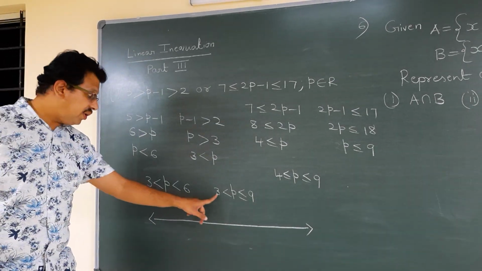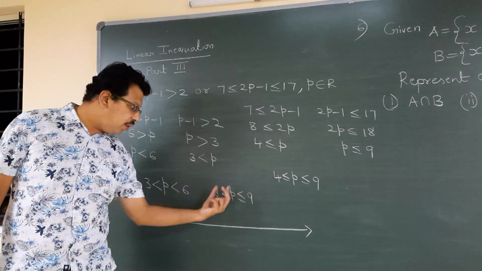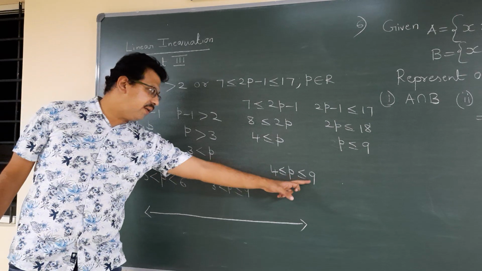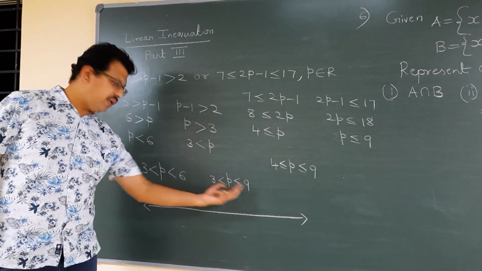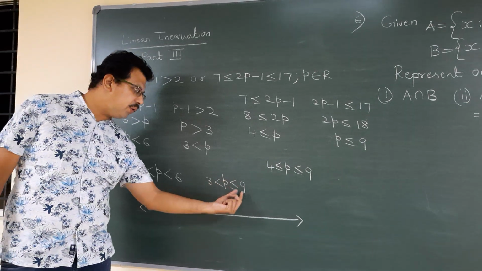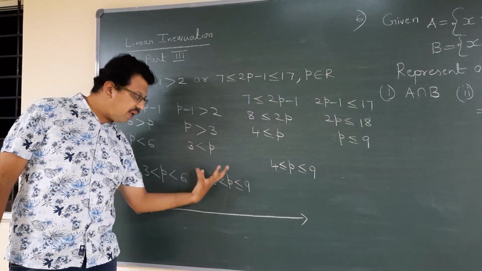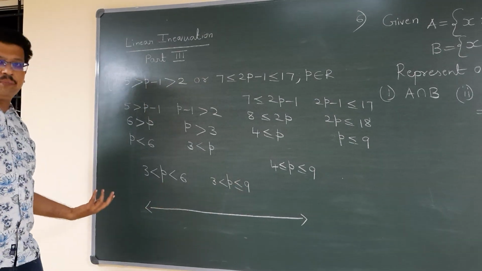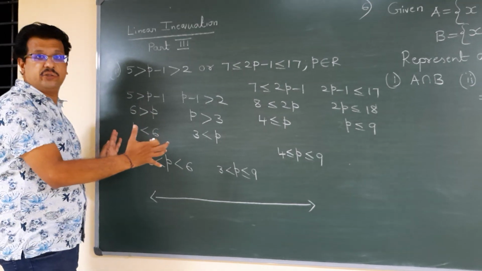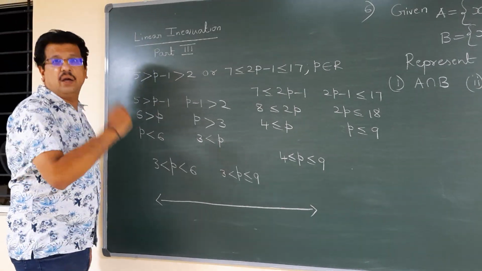Because 3 is actually the smallest number, 4 will be included in this inequation, and the last number is 9. 9 is also going to be included, and 6 also is going to be included. So 3 less than p less than or equal to 9. We are going to write this inequation on the number line. That means we are combining these two inequations, and that is actually called OR. OR means it is a union.